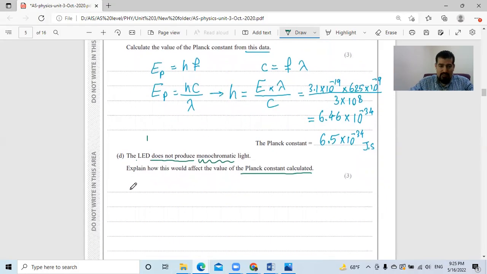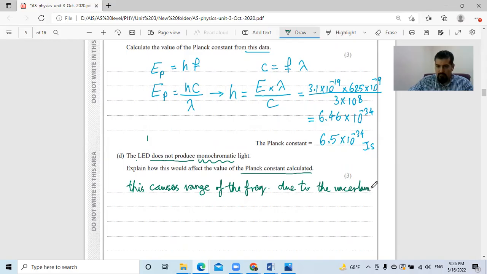So if I want to write this down, I'll write it in this way. This causes a range of the frequency due to the uncertainty of the wavelength.